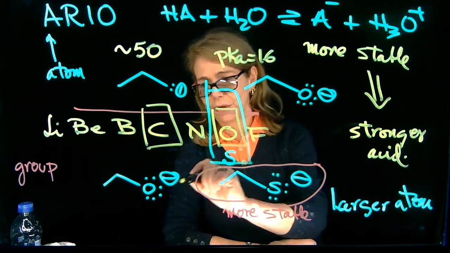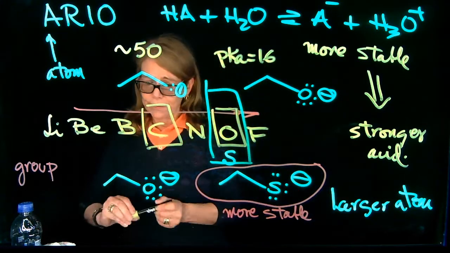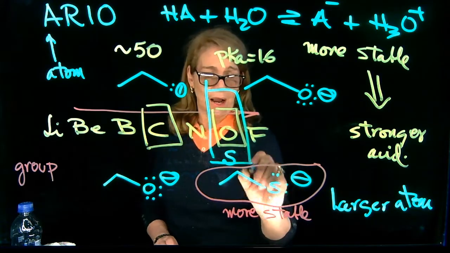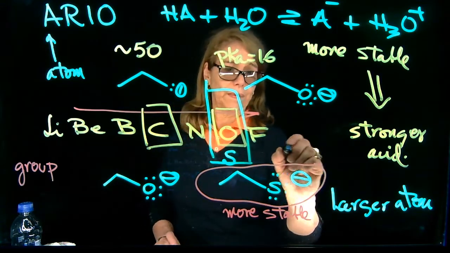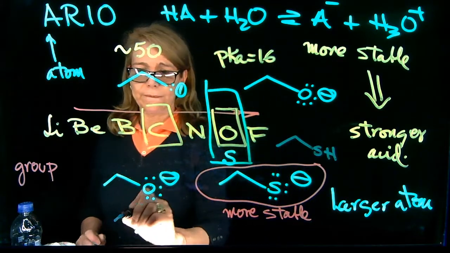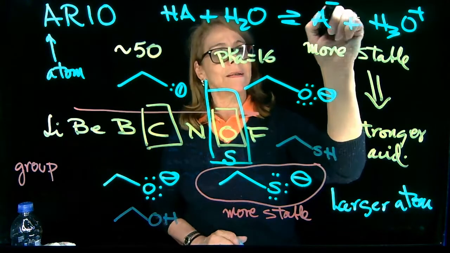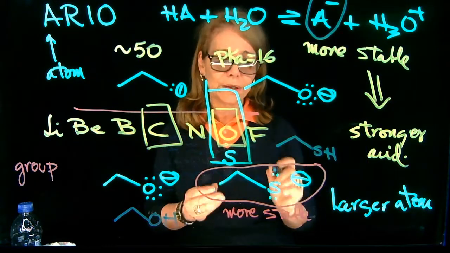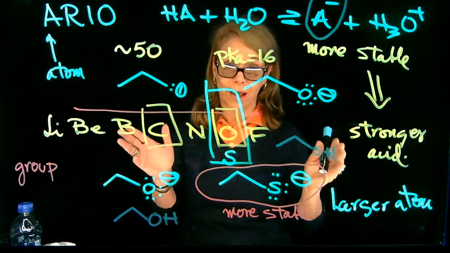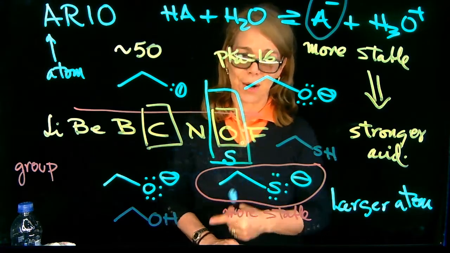Sulfur being larger than oxygen, this anion is more stable, and therefore I am predicting that the conjugate acid of this will be stronger than the conjugate acid here. Again, based on the stability of the anion, my prediction is that this anion, because the charge is on a larger atom, will be more stable. Therefore, its conjugate acid right here will be stronger.